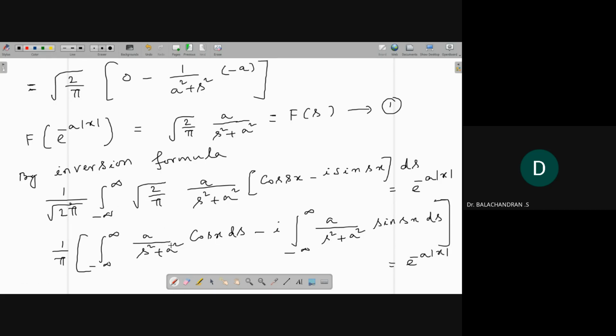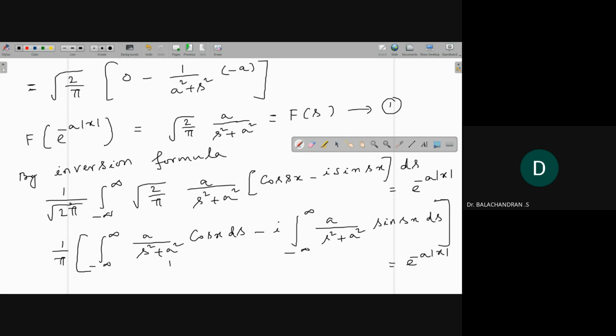Again, we know that this is an even function: cos sx is an even function in s, and this is also an even function in s. So even into even is even. Here this is even and this is odd, so even into odd is odd. The second integral is an odd function, so it is 0. This one you can write as 2 times the integral from 0 to infinity.